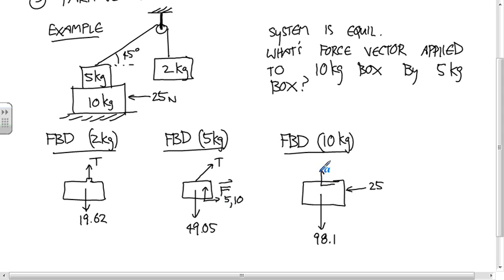If we were going to use both of these two, we would want to express this in as few variables as possible. This force vector F10,5 is a different force than this one. That's a different variable.